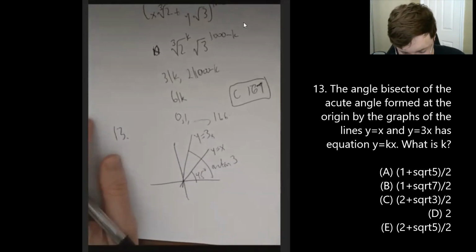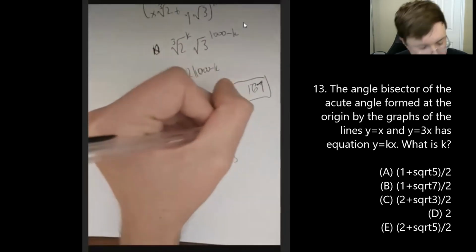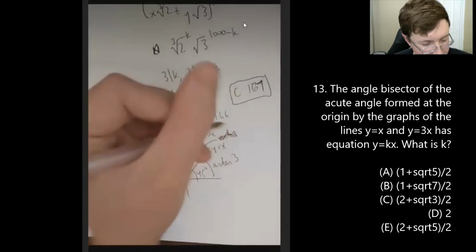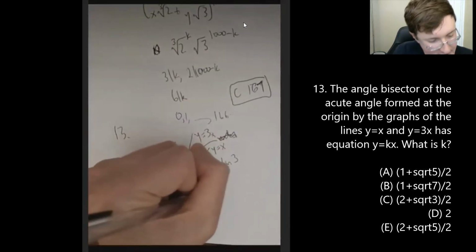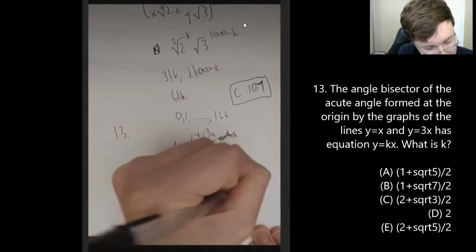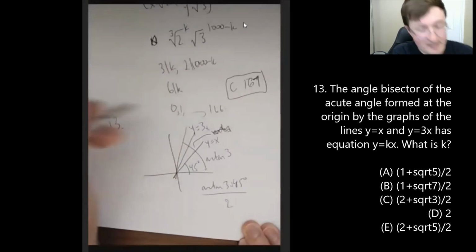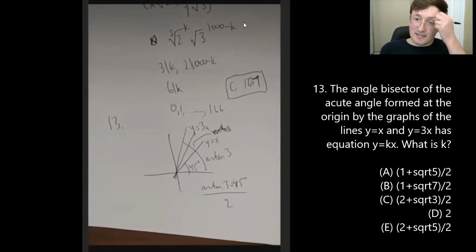Well, okay, I just need the average of these angles. So I've got arctan 3 plus 45 degrees, and I average those, and that's whatever this angle is.